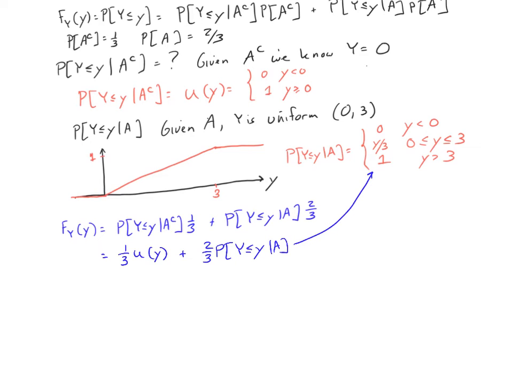Now we can find the PDF by taking a derivative. And so this is equal to 1/3 delta of y plus 2/3. Well, this is kind of a little bit tricky.